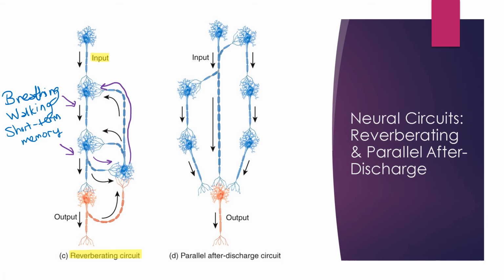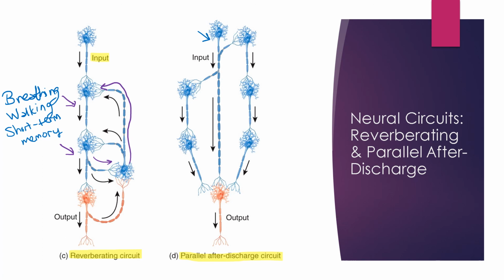Then our last type of circuit is a parallel after-discharge circuit. So in this type of circuit, we have a single presynaptic cell up here, and this is going to stimulate a group of neurons, each with synapses to a common postsynaptic cell.